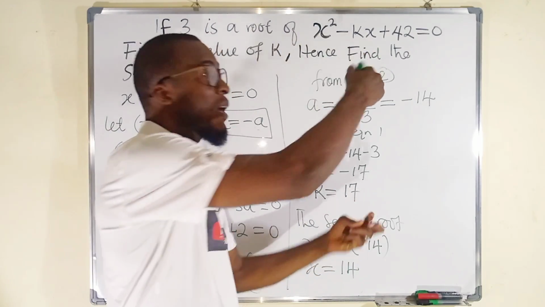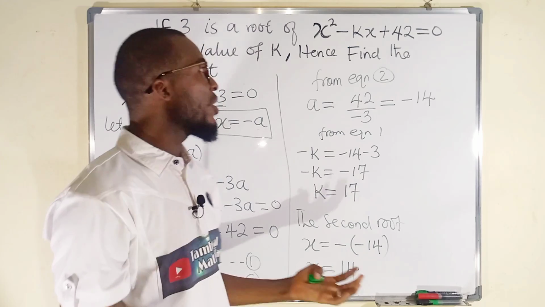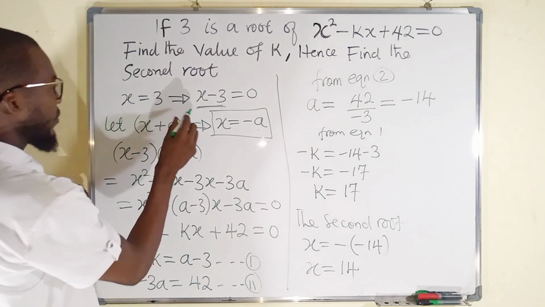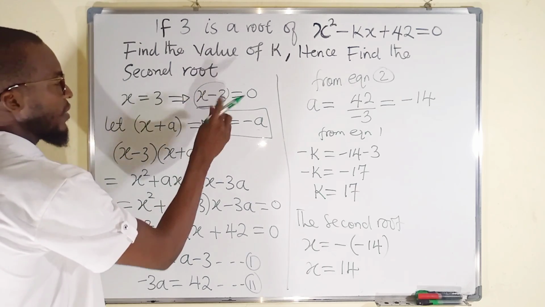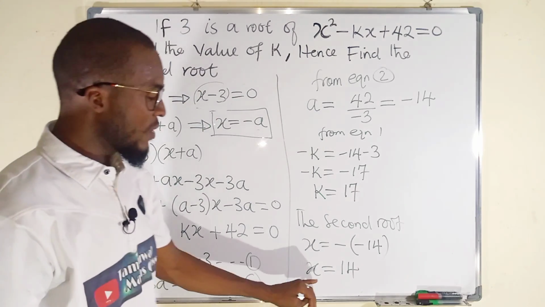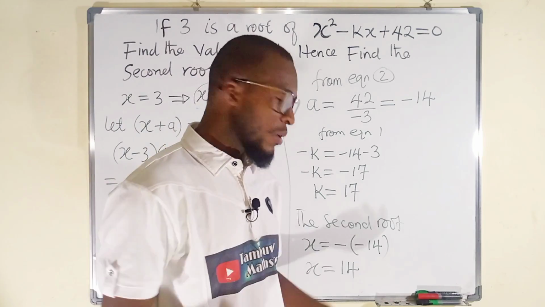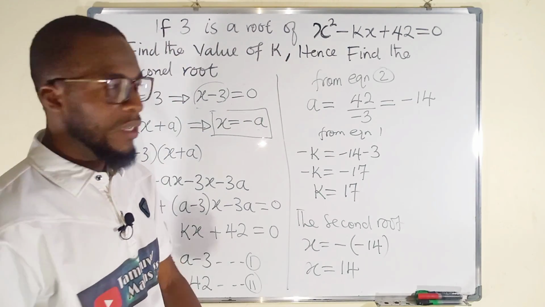Finally, substitute it back, factorize the whole quadratic equation to obtain two factors, one is this and the second one is x minus 14. Set x minus 14 equal to 0 to obtain x is equal to 14.